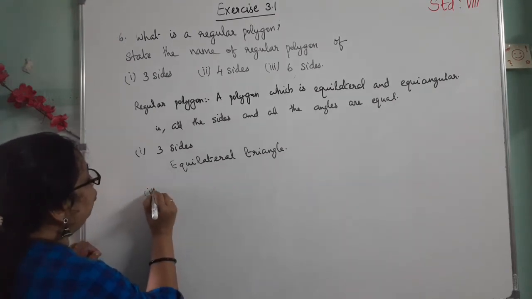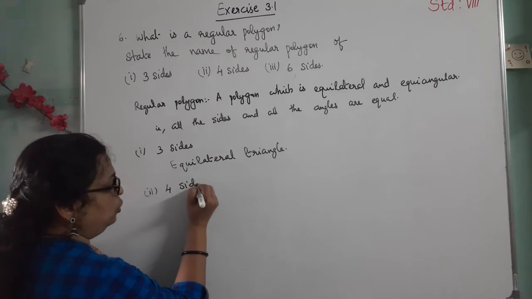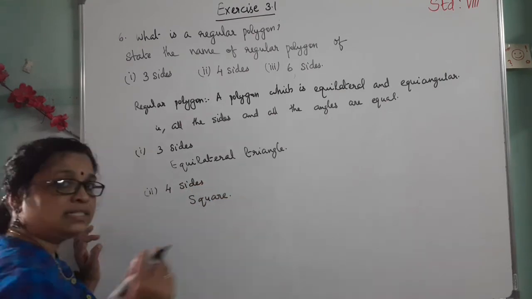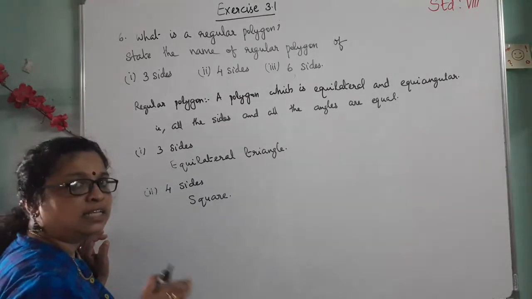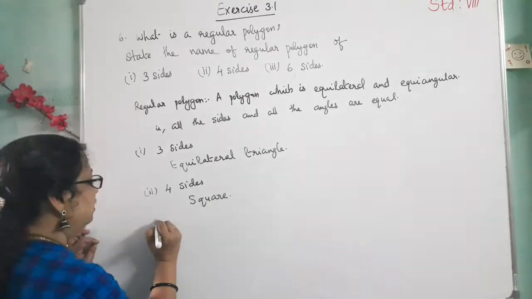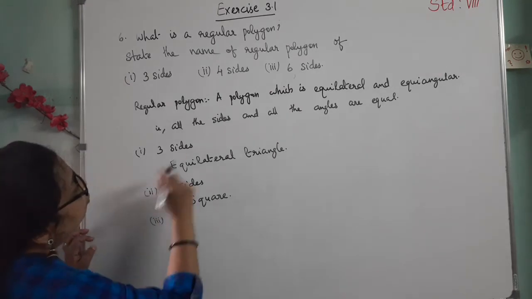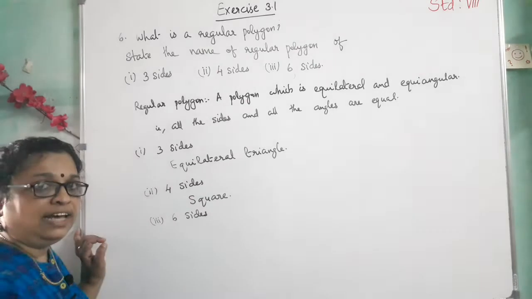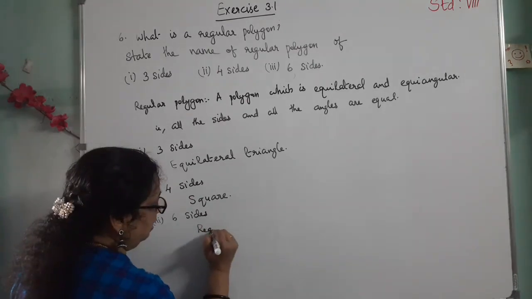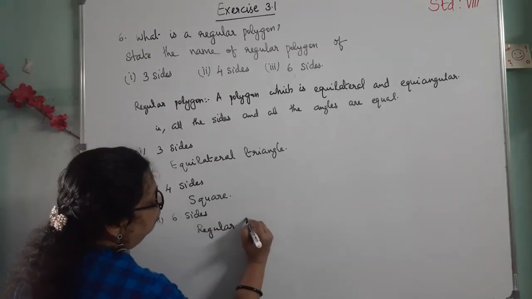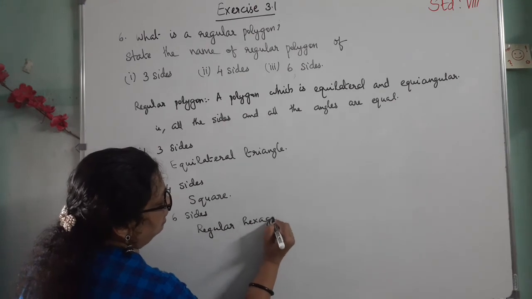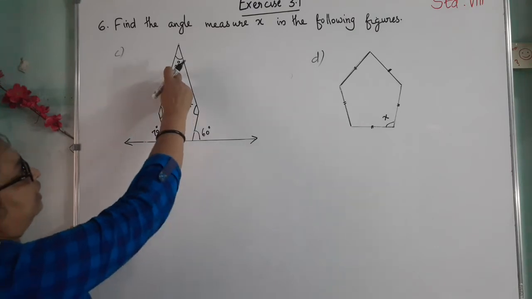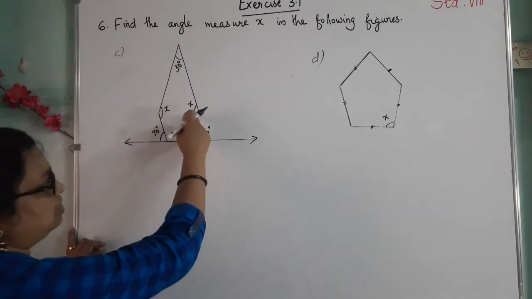Then a regular polygon having 4 sides, that also you know, a square. All the sides are equal and all the angles are 90 degrees each. Then the third one, a regular polygon with 6 sides. A 6-sided polygon, we know that is a hexagon. So regular hexagon.